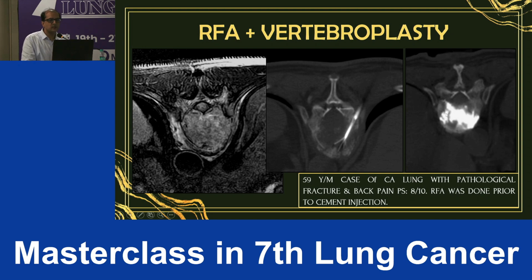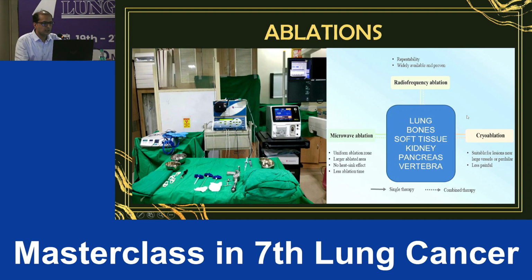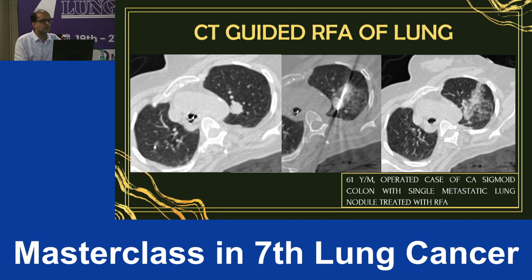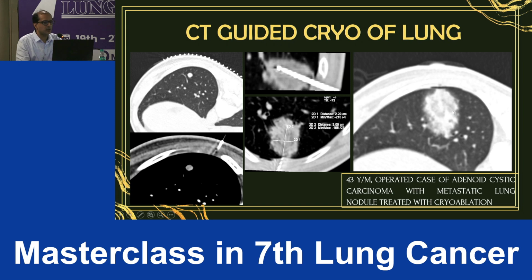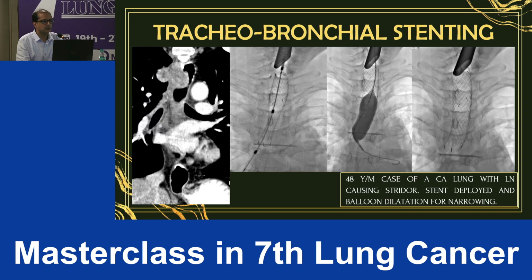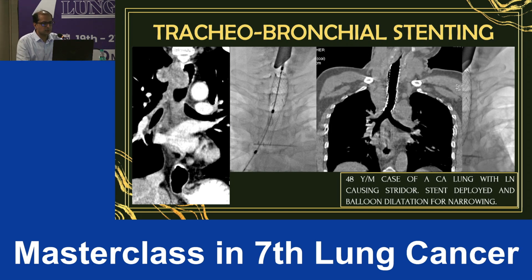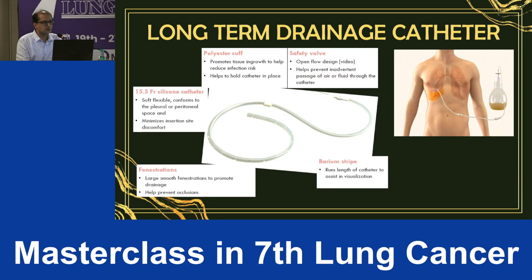When we are doing lung ablation, we can easily do it by microwave ablation or by cryoablation. Many times there is bronchial or tracheobronchial compression. That is the time we can place a stent into the trachea and relieve the obstructive symptoms, and this is how the obstructive symptoms are relieved.